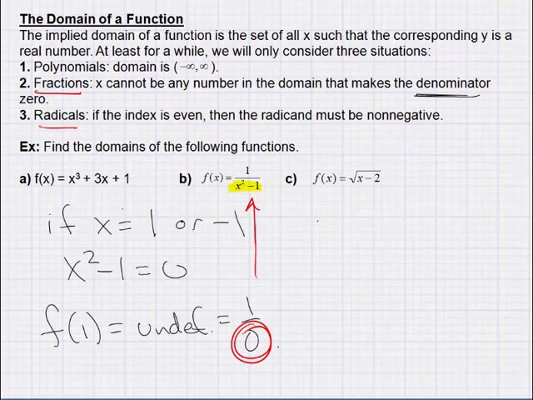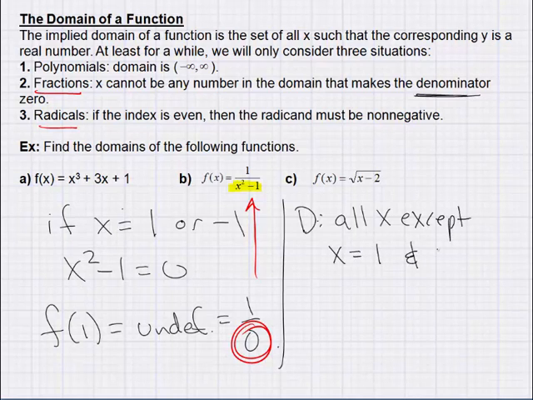So if I want to write that somehow, I could say the domain is all x except x equals 1 and x equals -1. Right? That's one way to do it.